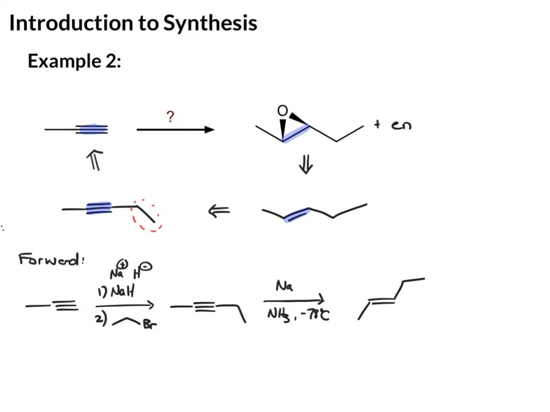And then finally, we can get the epoxide from MCPBA. So there's that, and you would get the enantiomer as well.